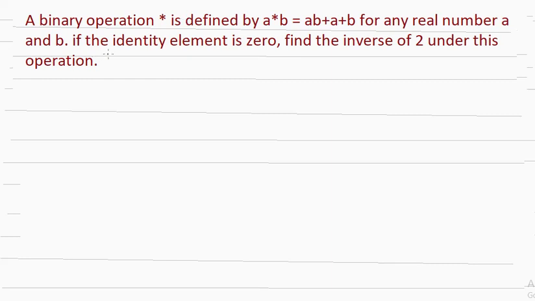A binary operation * is defined by a * b = ab + a + b for any real numbers a and b. If the identity element is 0, find the inverse of 2. So we're looking for the inverse of 2.